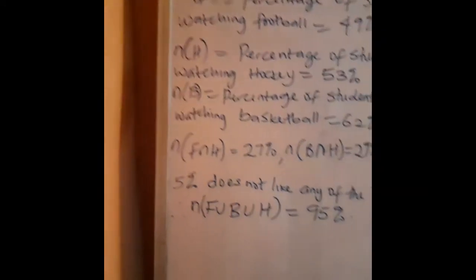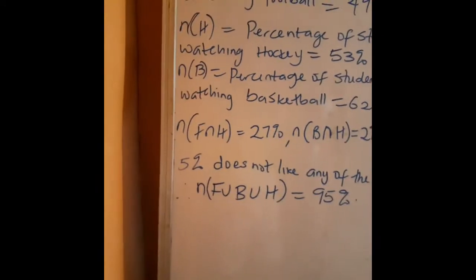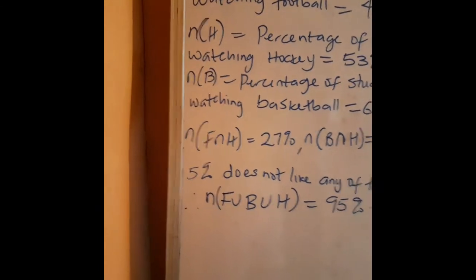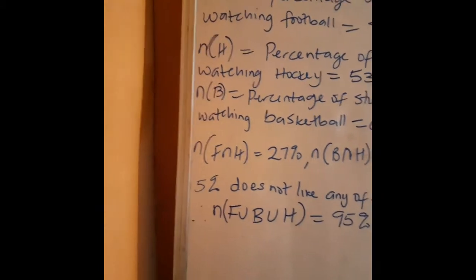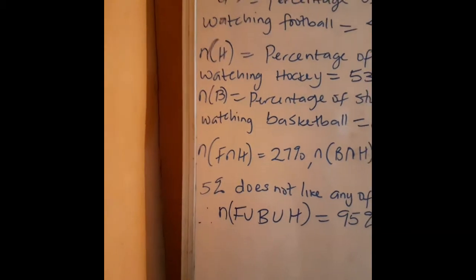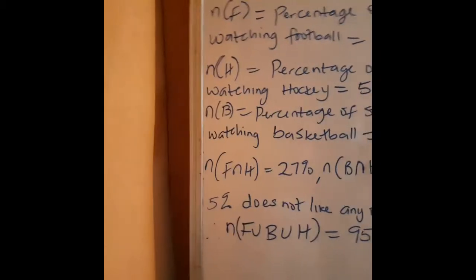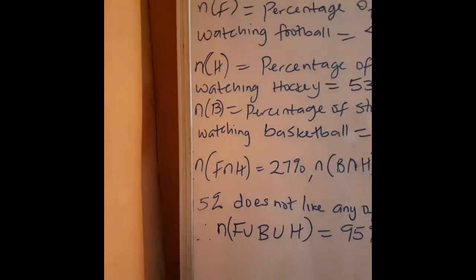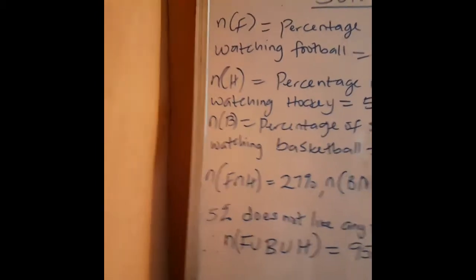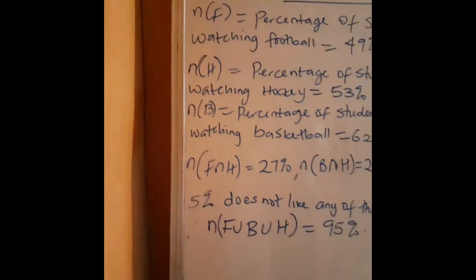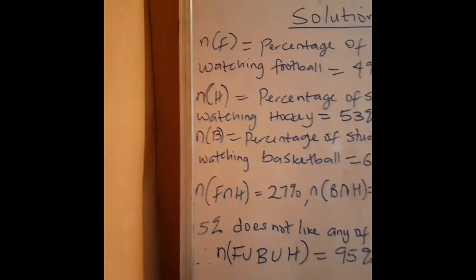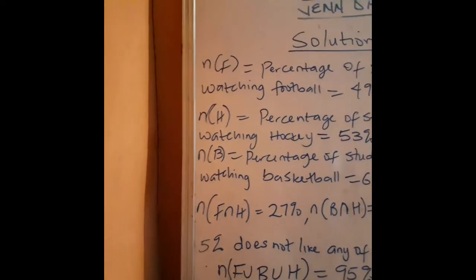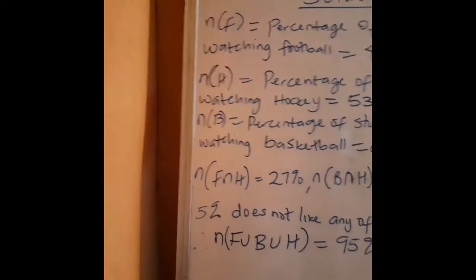Okay, so we want to use this information we have here to know the number of students who like all three games. We already know those that don't like all the games, and we already know those that like two of the games and those that like one of the games. Now I want to know the intersection of all three games. That is, all the students that like football, hockey, and basketball.